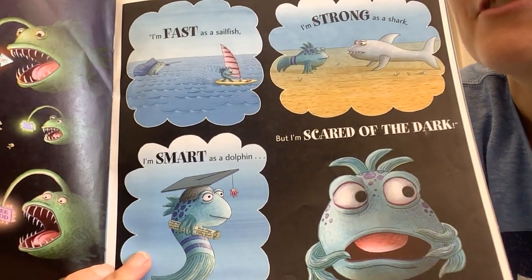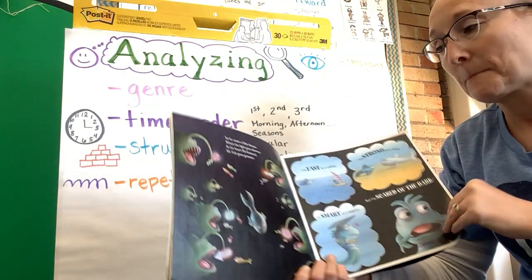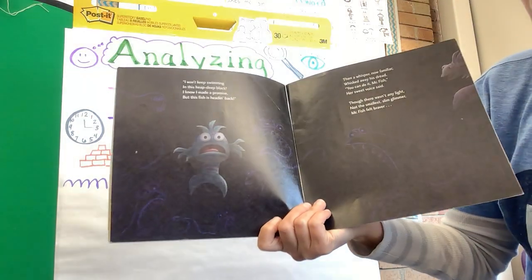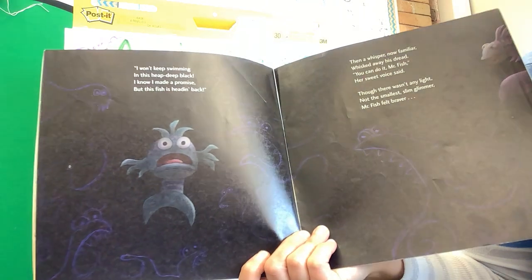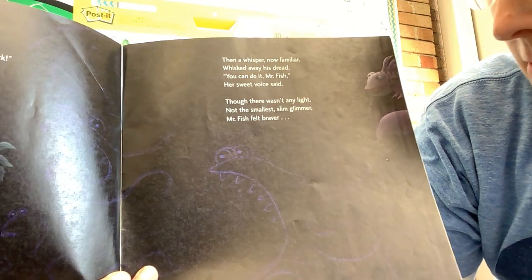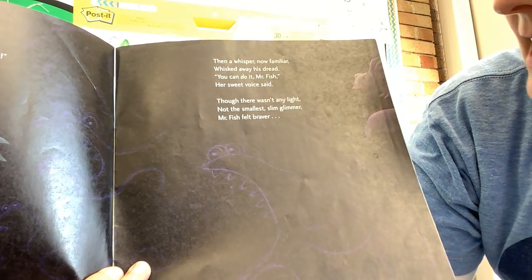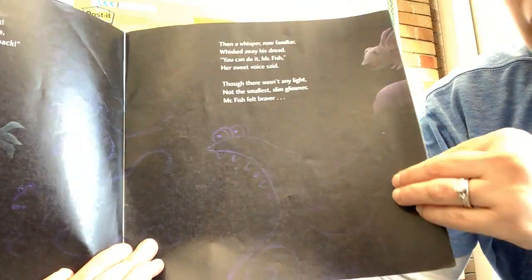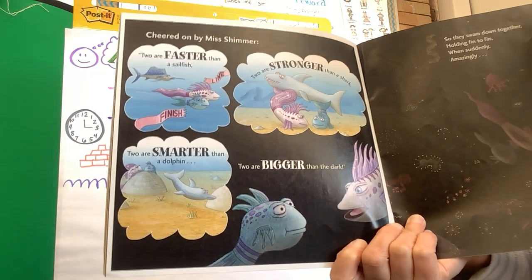But I'm scared of the dark. I won't keep swimming in this heap-deep black. I know I made a promise, but this fish is heading back." Then a whisper, now familiar, whisked away his dread. "You can do it, Mr. Fish," her sweet voice said. Though there wasn't any light, not the smallest slim glimmer, Mr. Fish felt braver, cheered on by Miss Shimmer.